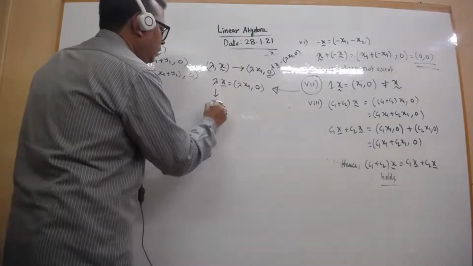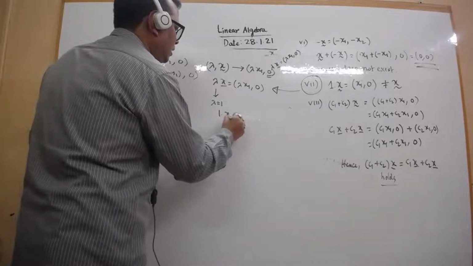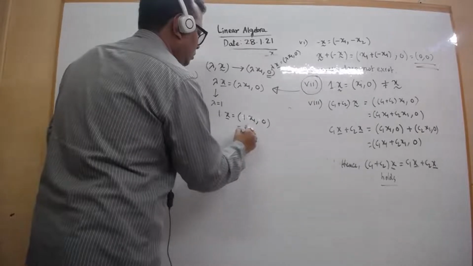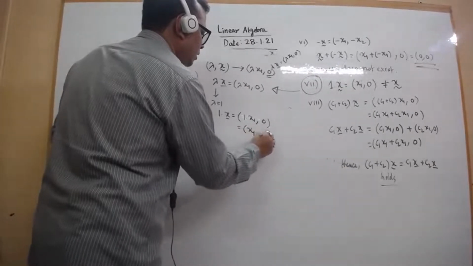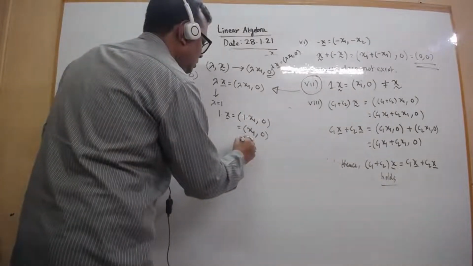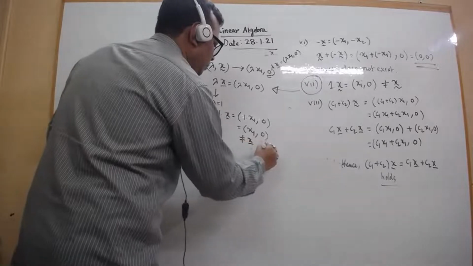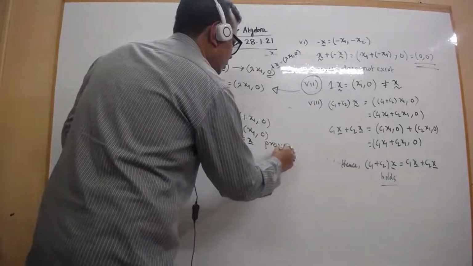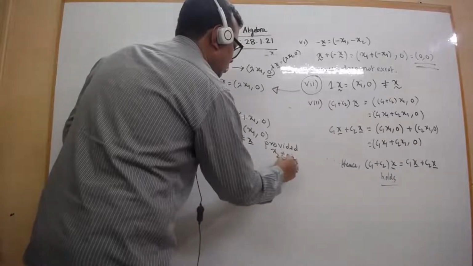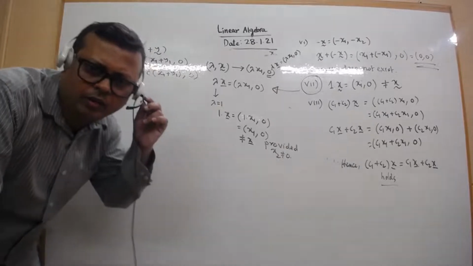Here your lambda equals 1. Then 1 times x curl equals (x1, 0). So (x1, 0) is not equal to x curl, provided x2 is not equal to 0. Clear? Okay, thank you.